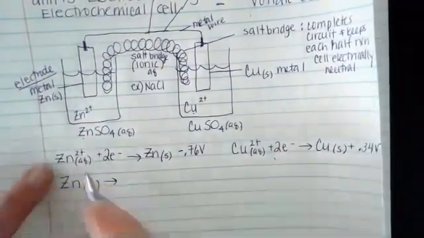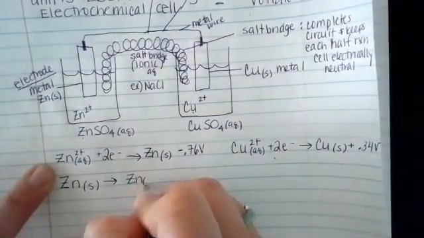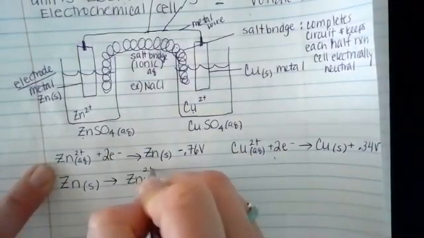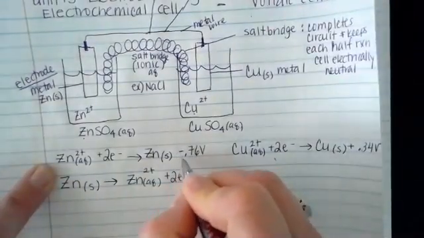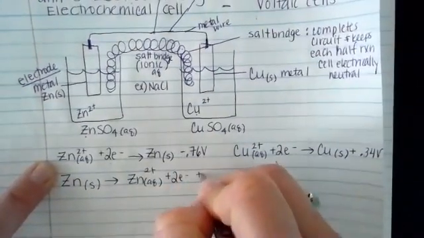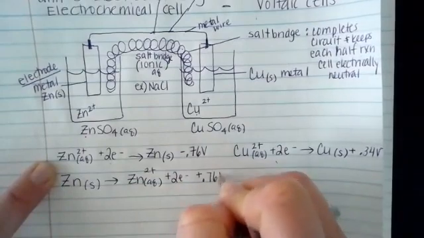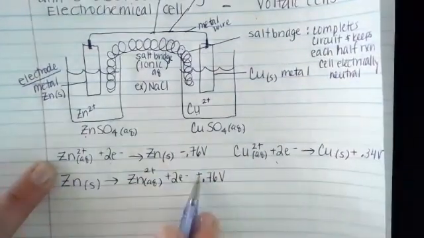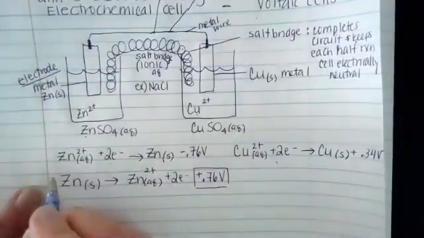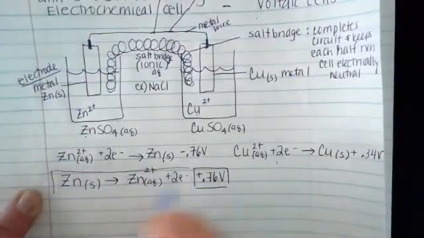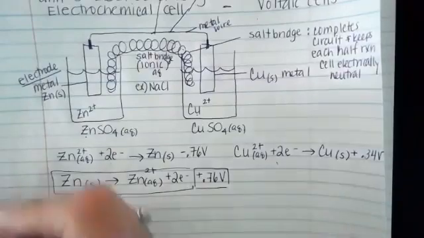Flipped it around, and now we're left with zinc aqueous ions plus the 2 electrons. If we're flipping it because of oxidation, we also change the sign of the voltage, so now it goes to positive. I'll box that in just so we can focus on the actual reaction. There we go.